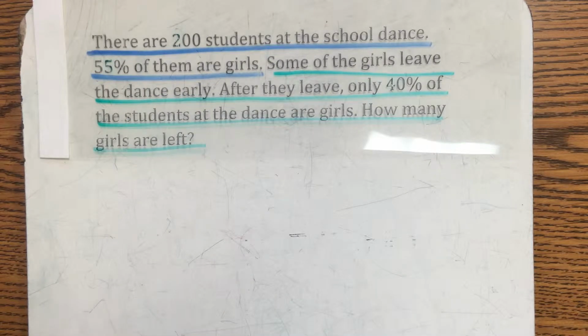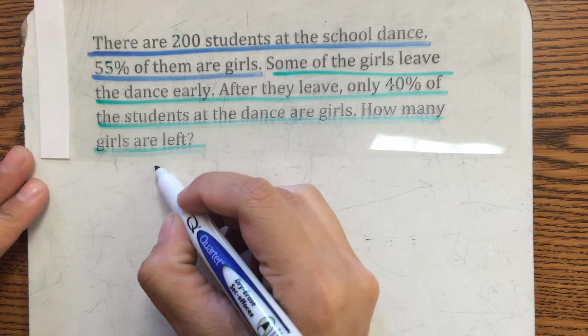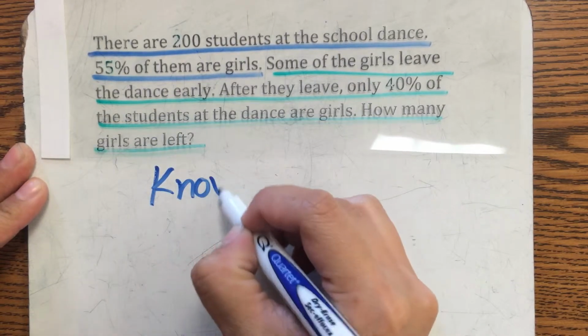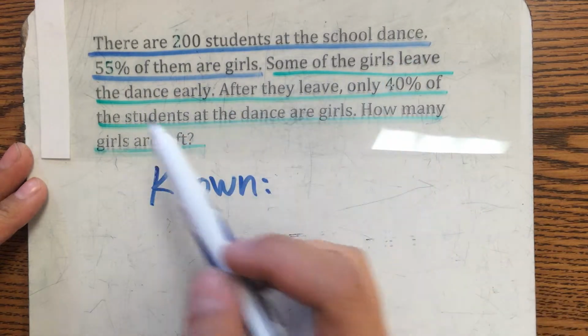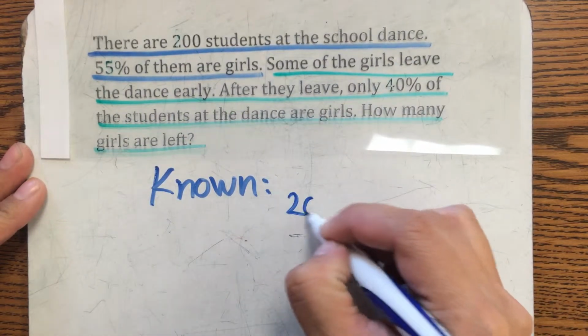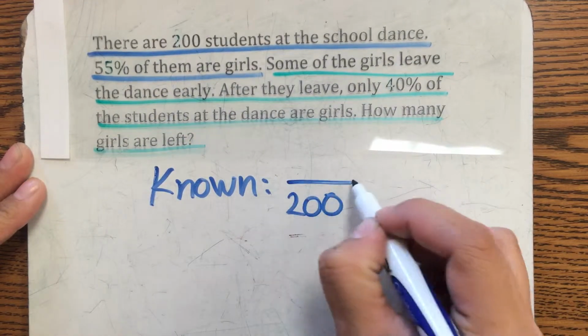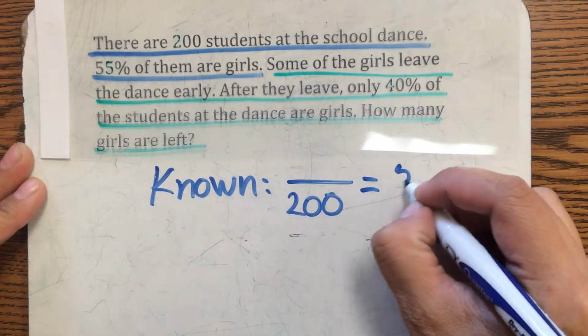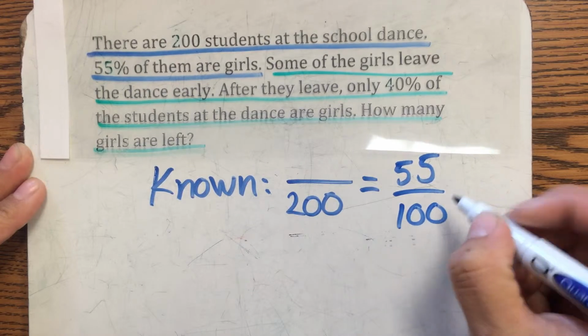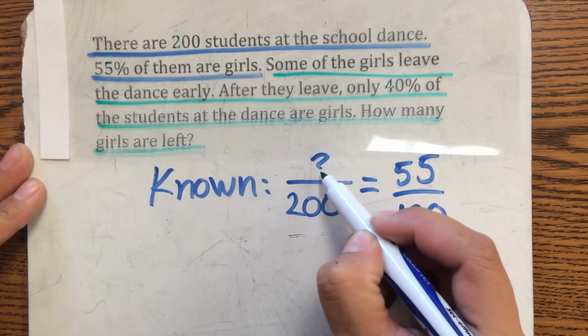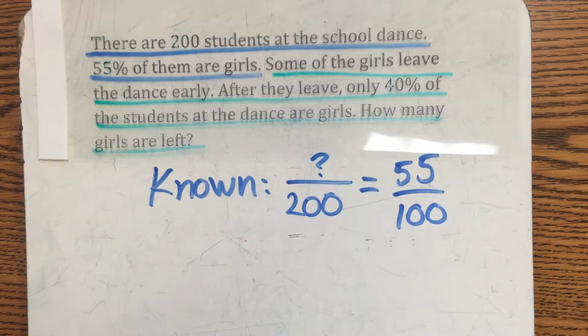Let's set up our known and our unknown for the first part. Known. What do I know about the part in blue? There's 200 students and 55% of them are girls, but I don't know how many that is.